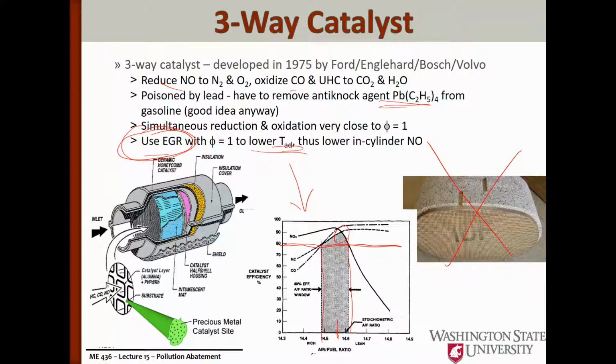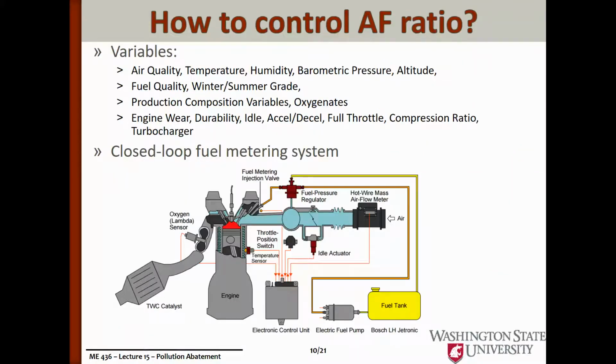And this event, when Ford and GM and others switched to catalytic converters, was one of the moments in history that allowed the Japanese auto manufacturers to really gain a foothold in the American market. It was their initial choice to use exhaust gas recirculation rather than a catalytic converter.